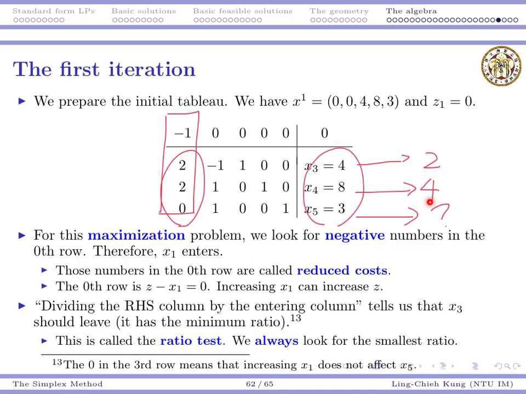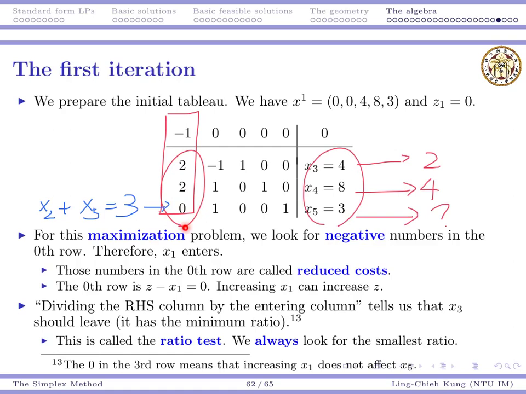How about the last constraint? The last constraint is actually x2 plus x5 equals 3, right? When you increase x1, it has nothing to do with x5, and that's why you have this number 0.